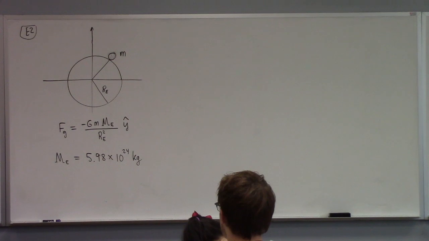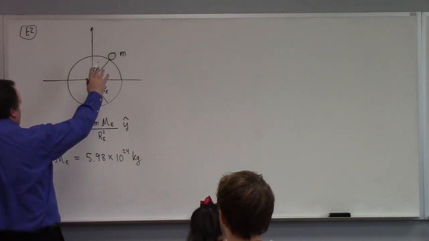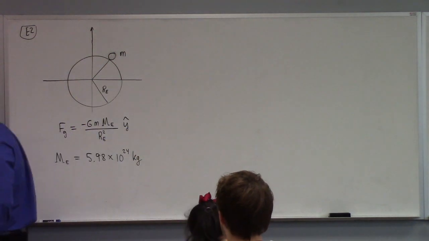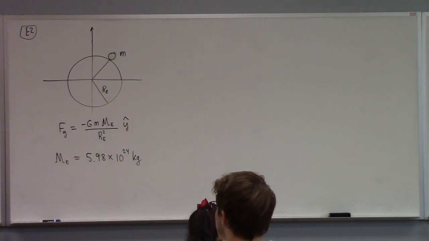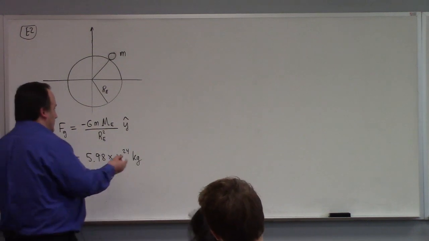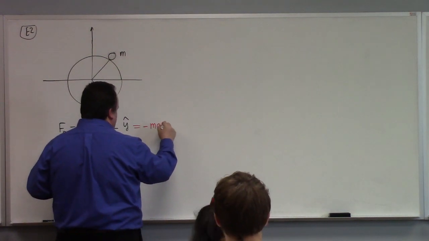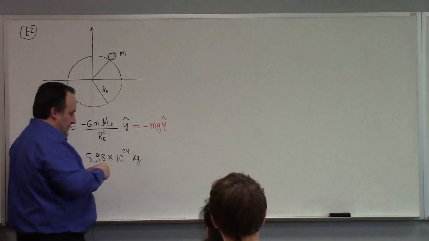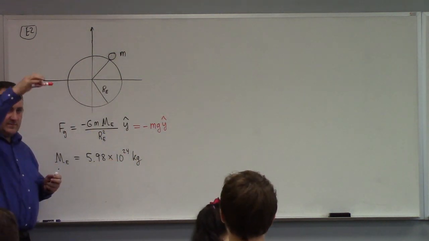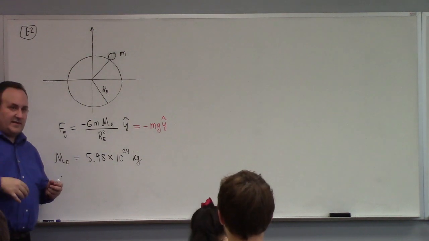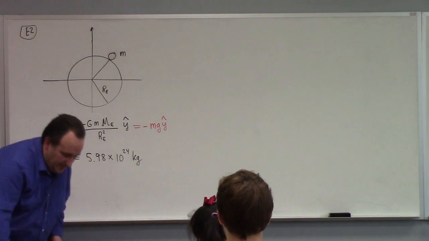What's the situation here? If we're near the surface of the Earth, we already have a force of gravity. What have we been saying the force of gravity is all along? It's minus mg y hat, right? From early in this course, we've been doing that.